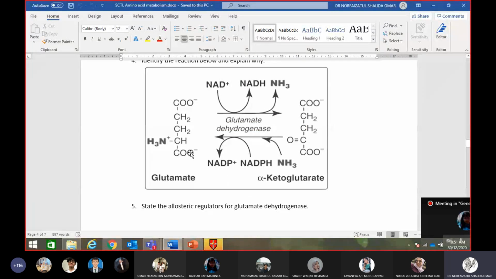Oxidative deamination is mainly the conversion of glutamate to alpha ketoglutarate. Transamination is a transfer of the amino group, whereas this one releases or accepts the NH3 ammonia.